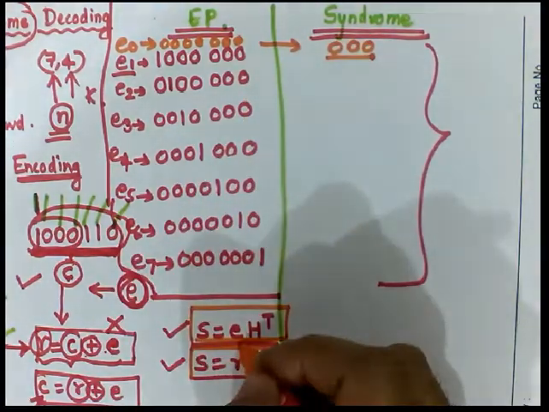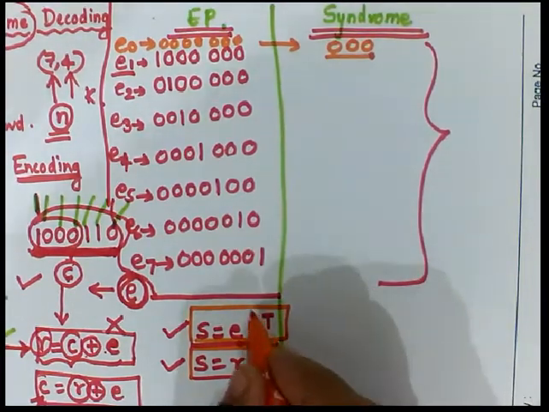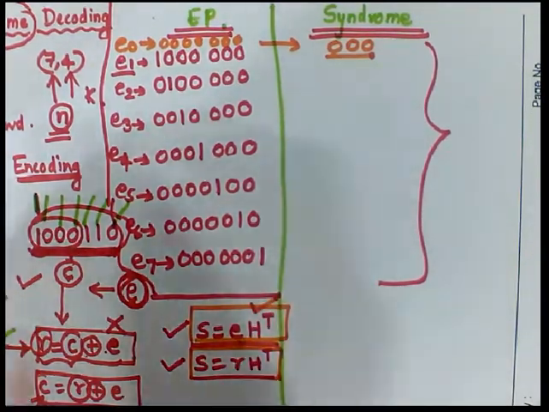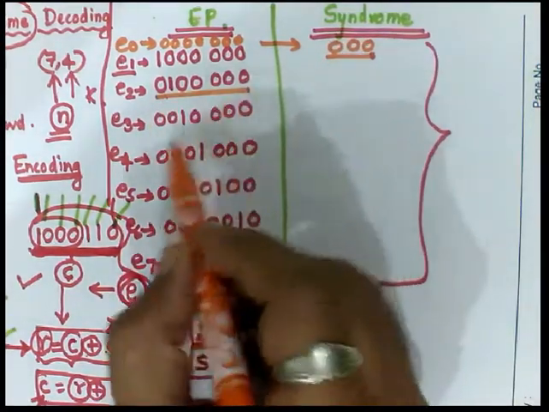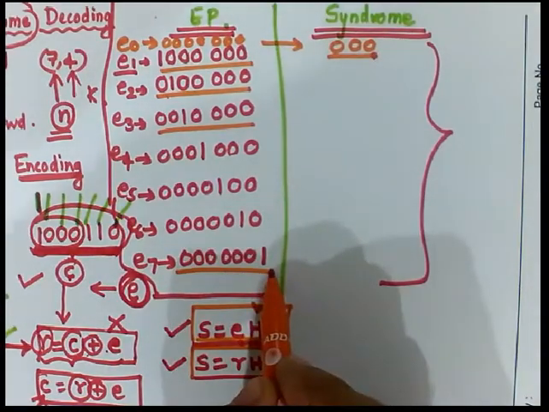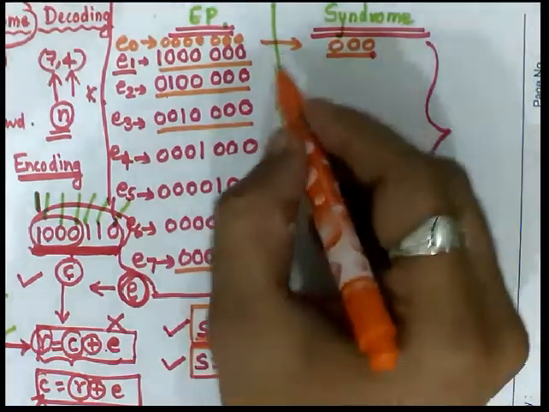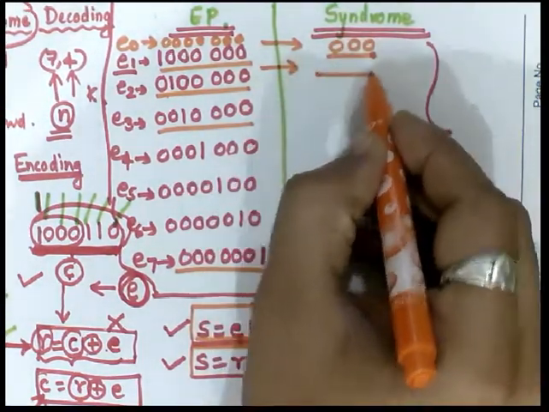If you know the generator matrix, you can calculate the H transpose, and you have the availability of E1, E2, E3 up to E7. So just multiply this E1 with H transpose, so that you will get the 3-bit syndrome.